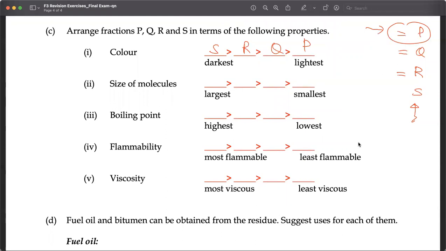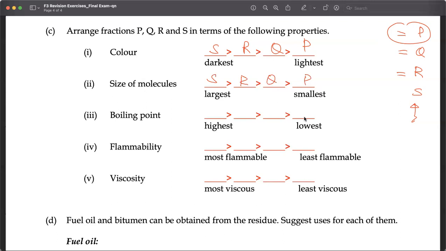While for the size of molecules, the upper one will have the smallest size. As a result, again, the sequence will be just like the previous one. While the upper one, as the size of molecules will be the smallest, the boiling point will be the smallest as well.